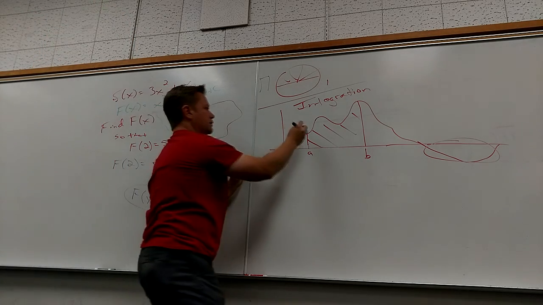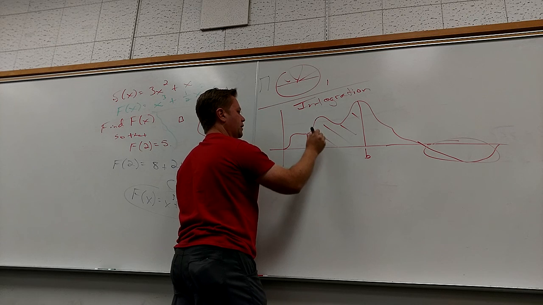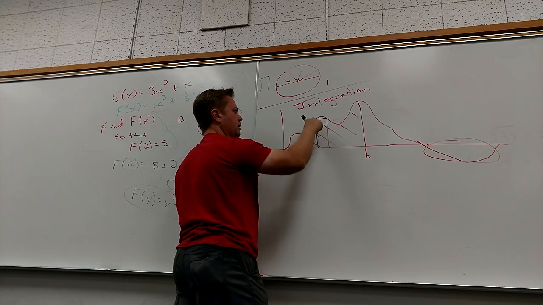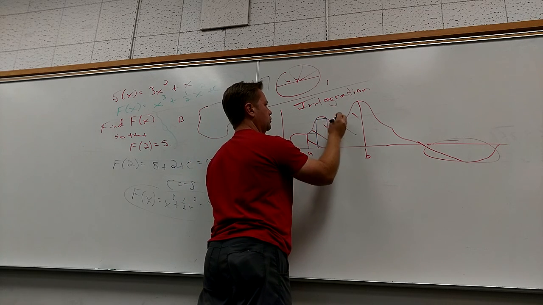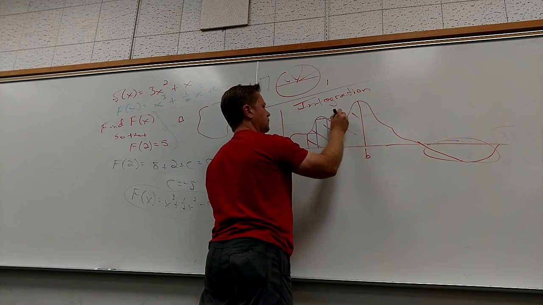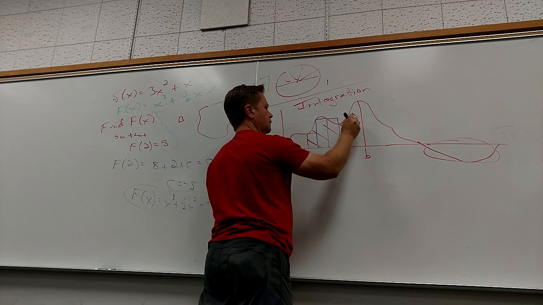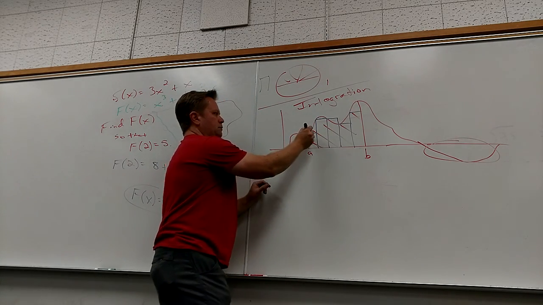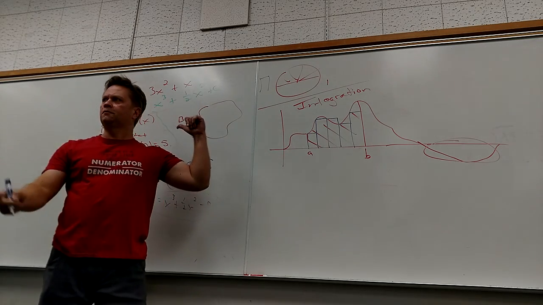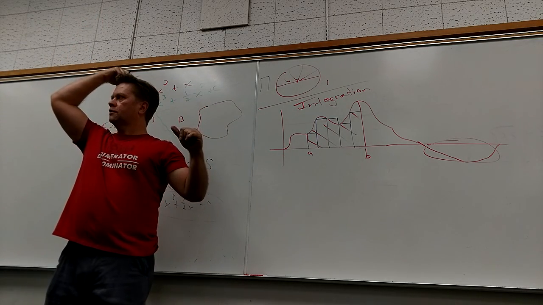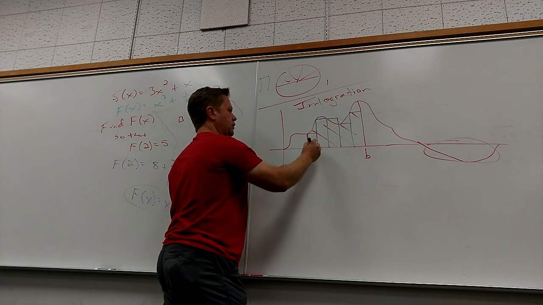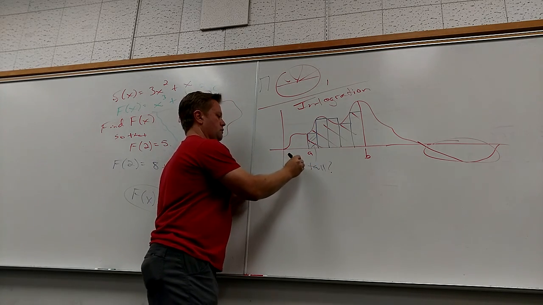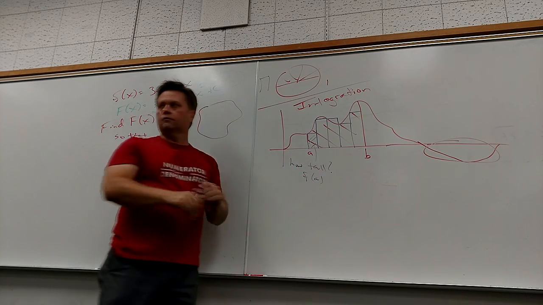So I can draw this in such a way that I can make rectangles where the height is based on... Do you see how the height is based on the left function value? So how tall is this rectangle? How tall is this? F of A. I love it. For example, right?